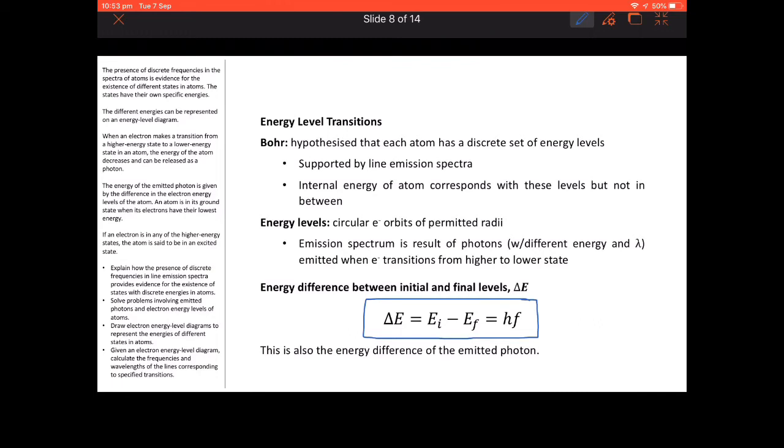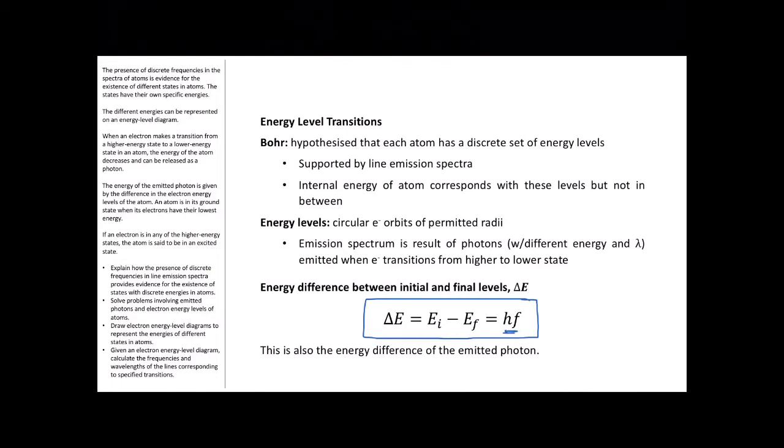And this will be equal to the energy of the emitted photon, which is Planck's constant multiplied by the frequency of the photon. So the energy difference is also equal to the energy of the emitted photon. And this is an example of the law of conservation of energy.